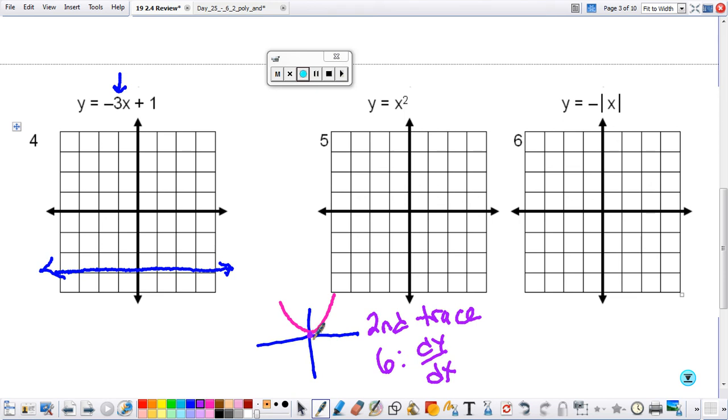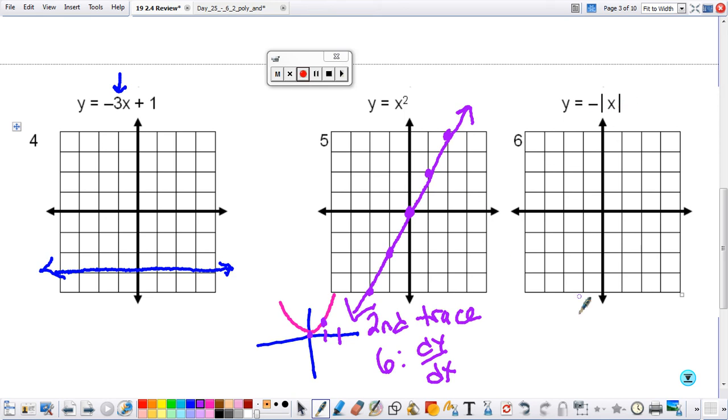If you type 0 and hit enter, it's going to give you a slope of 0. Then go back, do second trace, choice 6, then type 1, enter, and it's going to give you the slope at 1 is 2. And if you keep repeating this and you press 2, the slope is 4. And if you do -1, the slope is -2. And we're going to get this line as the derivative of x squared.